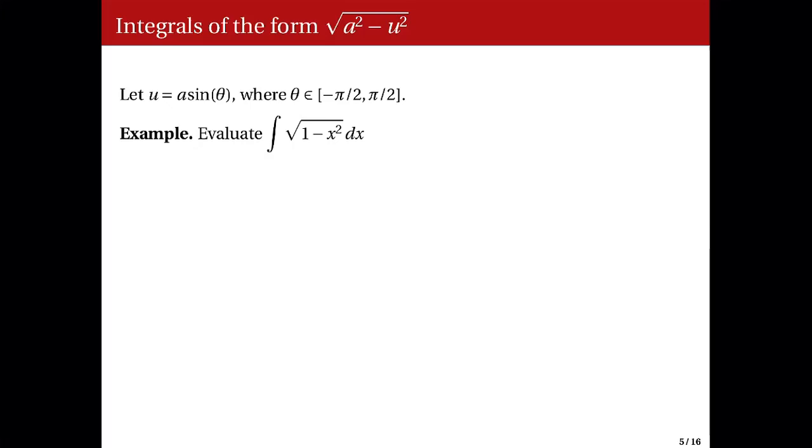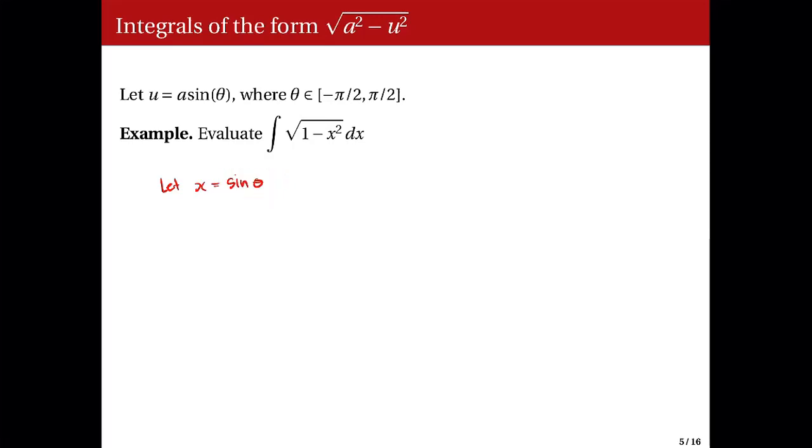So in here, you let x be equal to 1 sine theta, or just simply sine theta. Your a here is just 1. Your u here is just x. So let's just write x equals sine theta.